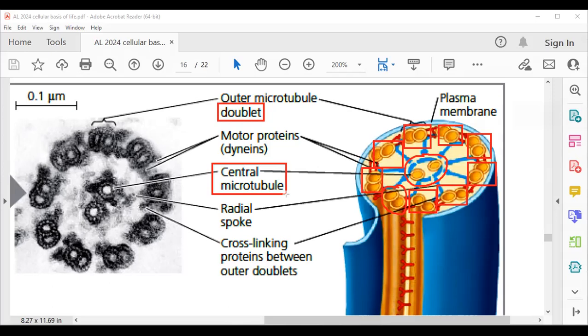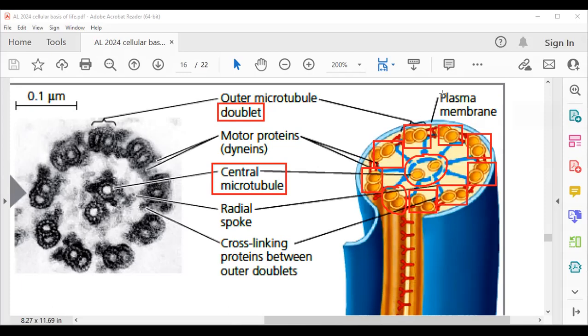That's why we refer to this as the 9+2 arrangement. That word is already familiar to you.